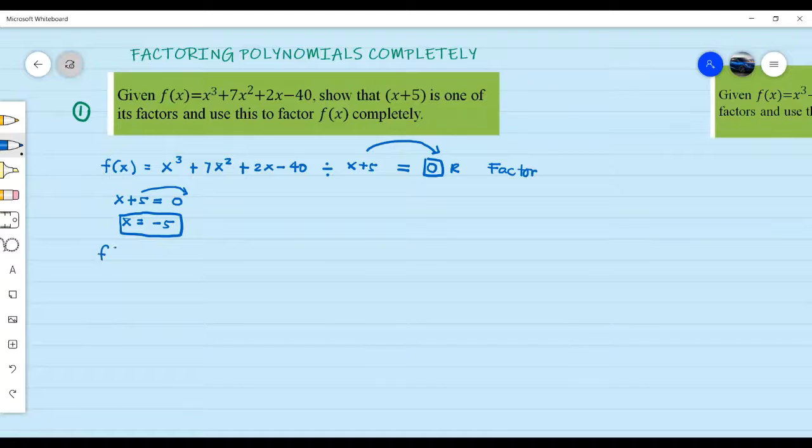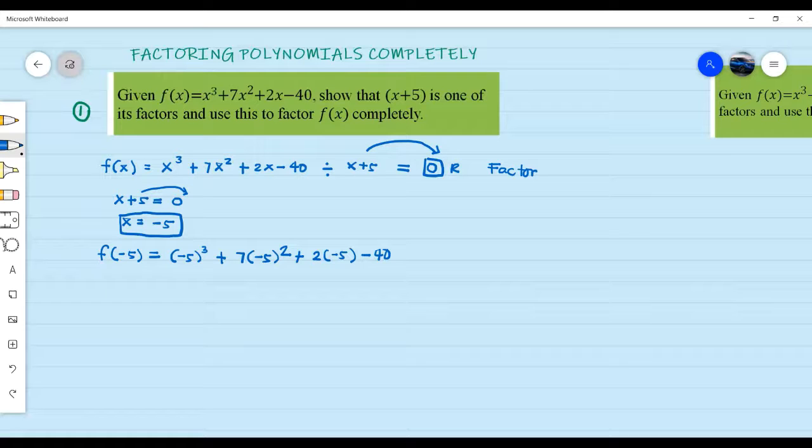So now we have f of negative 5 is equal to, all the variable x will be substituted by negative 5. So negative 5 cubed plus 7 times negative 5 squared plus 2 times negative 5 minus 40.